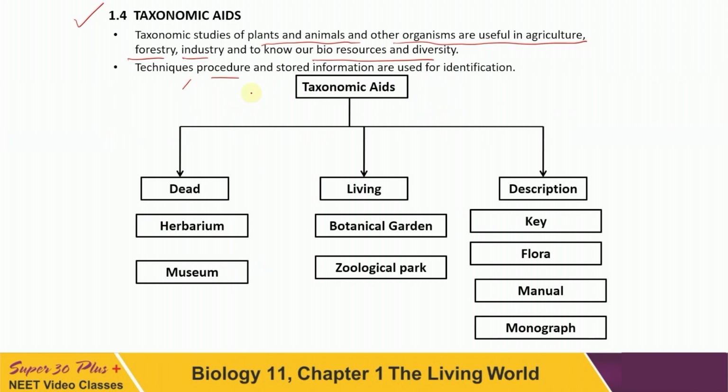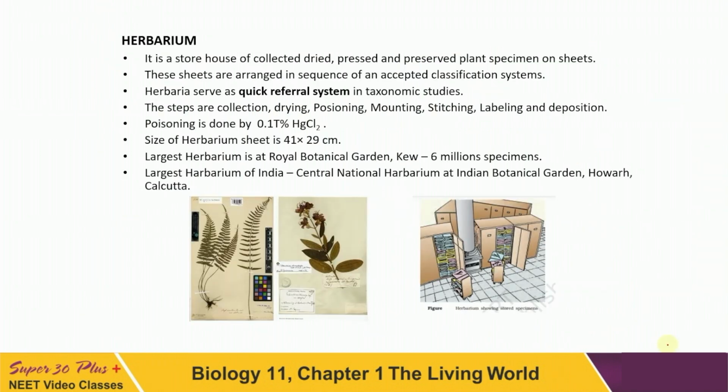These are known as taxonomic aids. They may be dead, they may be living, they may be in the form of written information or description. You can see here herbarium, museum, botanical garden, zoological park, key, flora, manual, and monograph. We have to see one by one in detail.